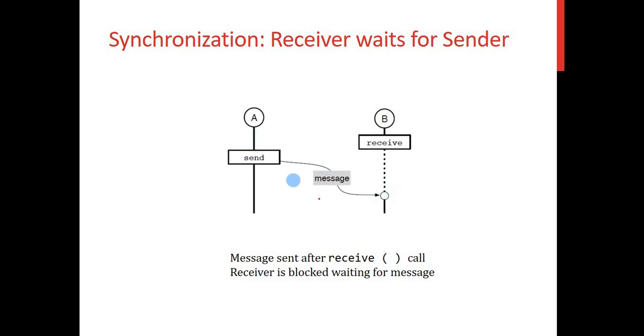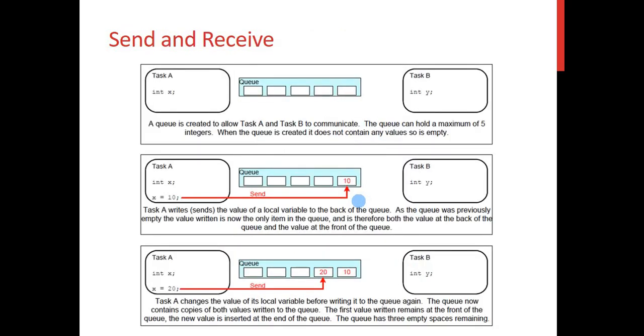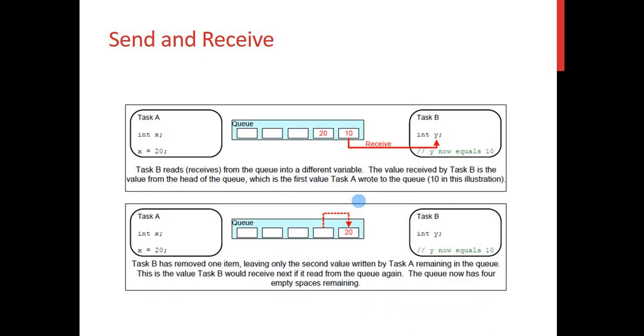The send comes later, and when it does, task B will wake up and proceed from there. In a message queue, this is typically what happens. In this case, task A is writing to the queue and task B is reading from the queue. Whenever it sends, it pushes to the queue, and subsequently task B can read from the queue.